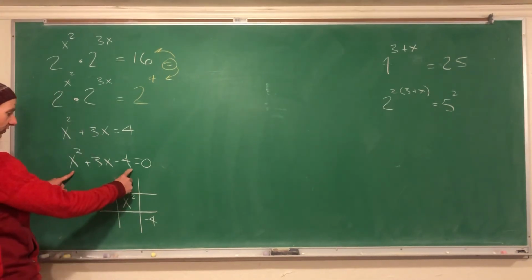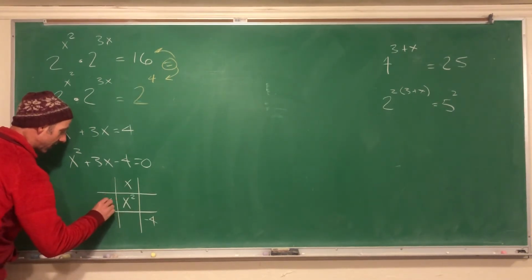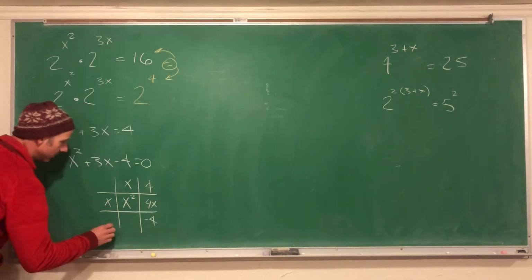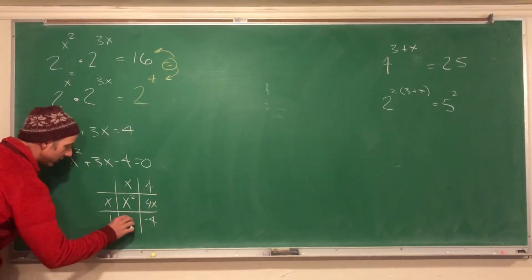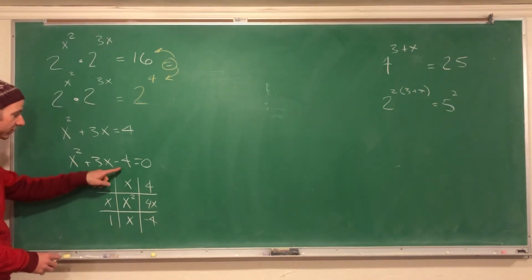For x squared minus 4, we need factors giving 4x and 1x. Check our signs. We need a positive and a negative.